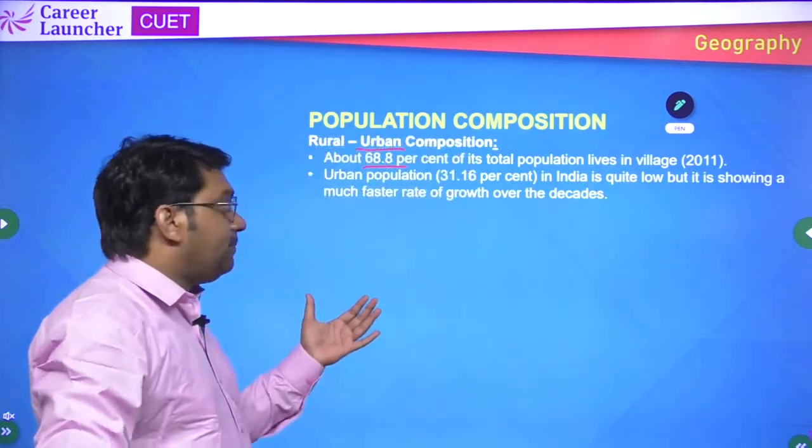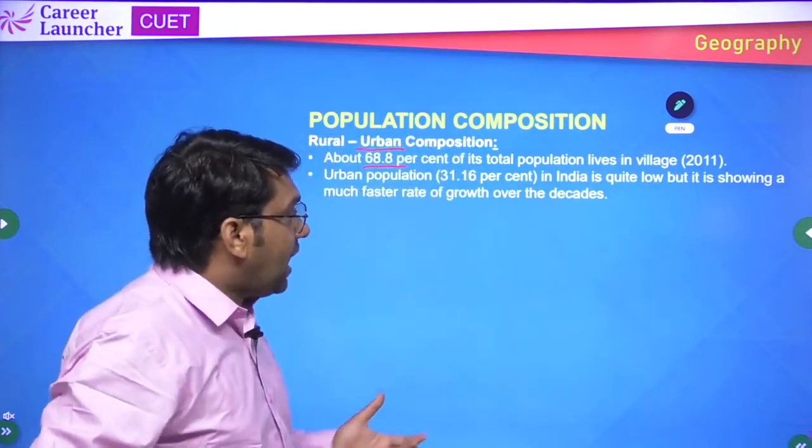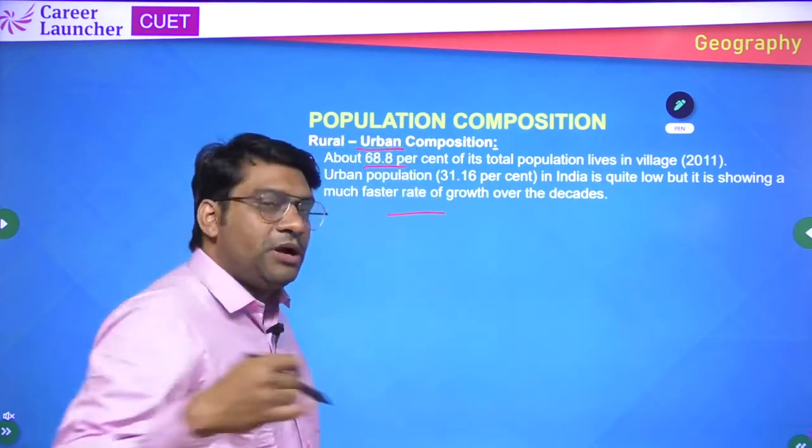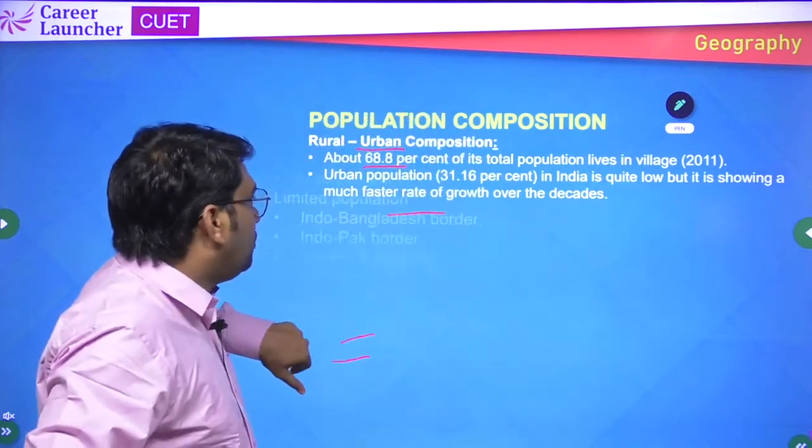Urban population is 31.16% in India, which is quite low, but it is showing a much faster rate of growth over the decades because of migration, a lot of rural to urban migration. This is about the rural urban composition.